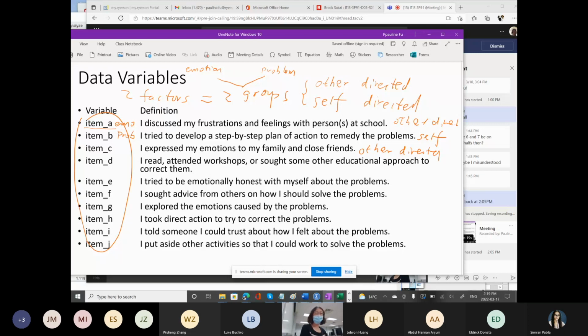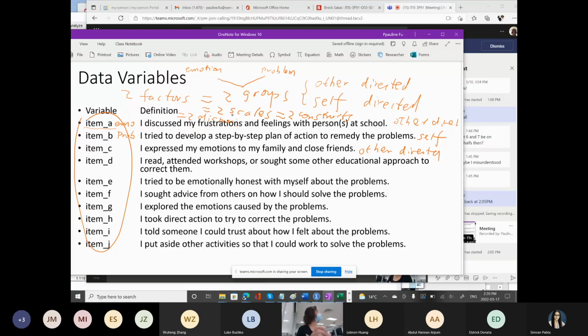If you have 2 groups, the theoretical terminology is that you can call them 2 factors or 2 scales or 2 constructs or 2 dimensions.